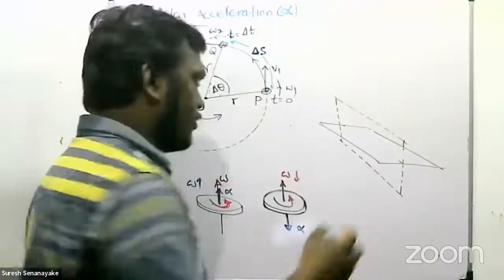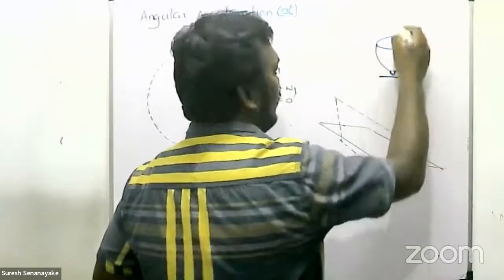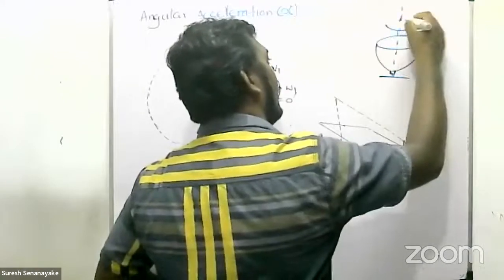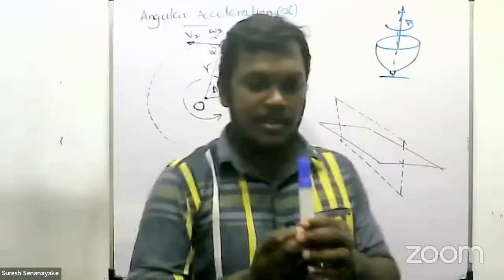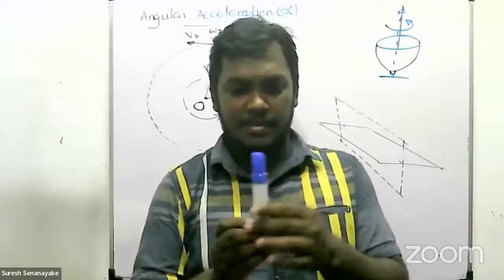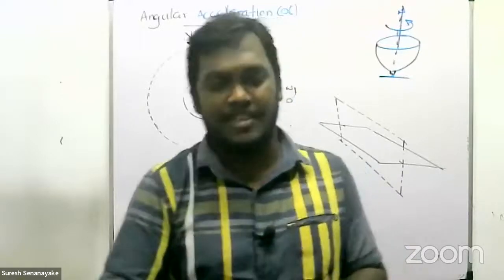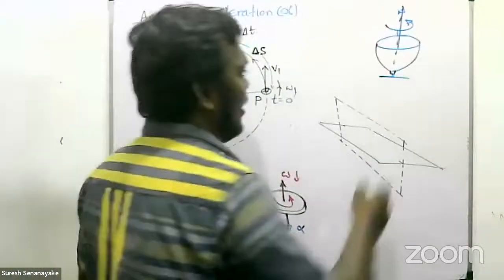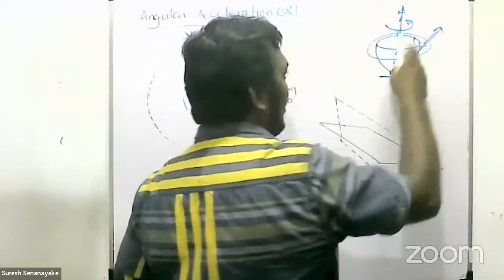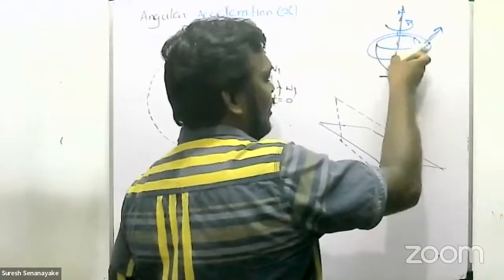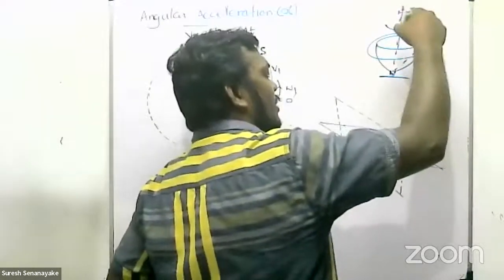Have you seen a top spinning? A top spins like this, with angular velocity in this direction. When it slows down near the end, the axis starts to rotate like this. This is called precession motion, right? The axis turns like this, so the angular velocity initially is there and now it's here. If the top spins at constant speed, there's no angular acceleration.